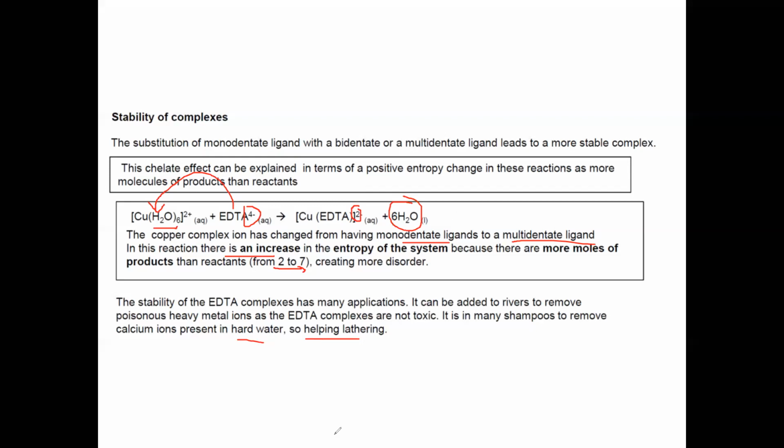Is it clear? So if we add EDTA, it can easily form a complex with a metal ion, and it has many applications. If there's no charge on the complex when it forms, then it will form a precipitate which can be filtered to remove it from the solution.